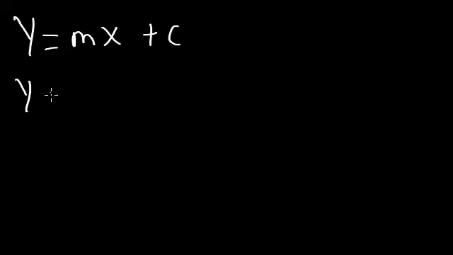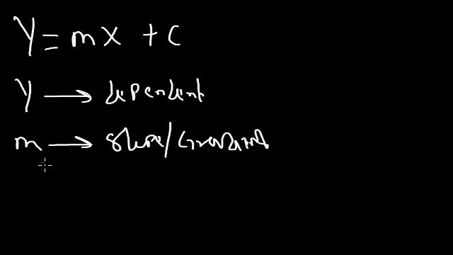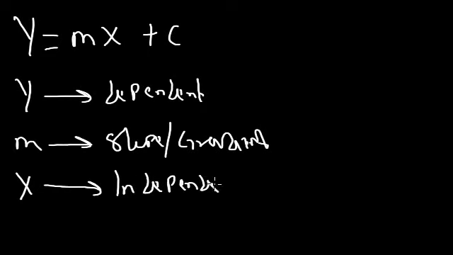The capital Y stands for the dependent variable, that is, it depends on the value of X, the value of m, likewise the value of C. The lowercase m stands for the slope, sometimes known as gradient, and capital X stands for the independent variable. It doesn't depend on Y, nor m and C for its value to be determined.